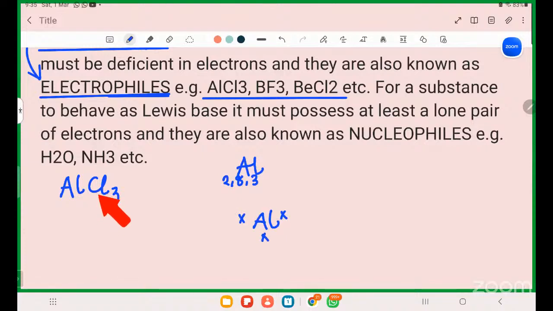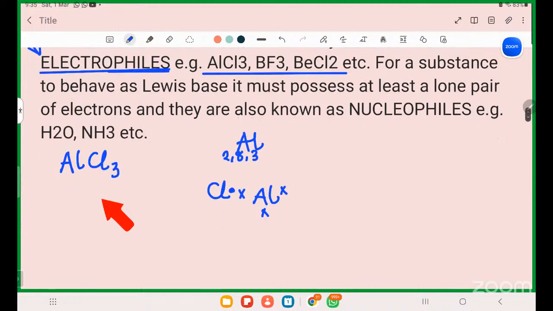And 3 chlorine in its compound. Chlorine needs 1 electron to form bonds. So we have Cl forming a covalent bond with the aluminum. Now, when you look at the molecule of aluminum, there is no free electron at all around it.